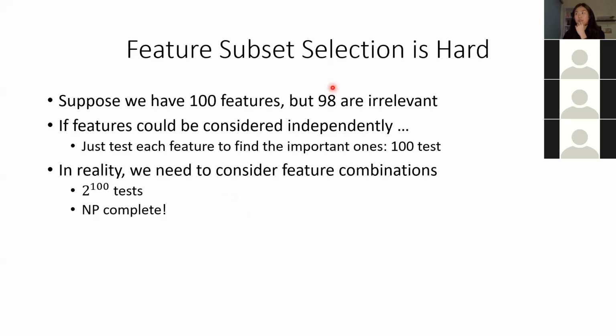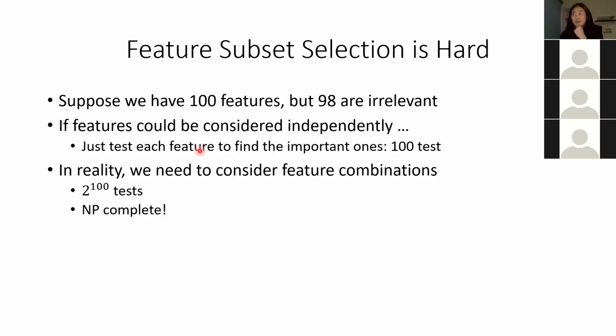So we want to get rid of them. I just want to feed two features. How can we do that? It would be perfect if we could test each feature and decide, oh, it doesn't work for the prediction, get rid of it, or oh, it works perfectly, keep it. Unfortunately, in most cases in machine learning, we can't do that.